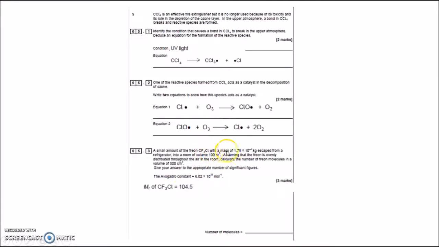I've got the MR of this. Now the mass of this is 1.78 times 10 to the minus 4 kilograms. There's 1,000 grams in a kilogram, so to convert kilograms into grams, I multiply by 1,000. That's my next step. 1.78 times 10 to the minus 4 times 1,000, 10 to the power 3, that's the number of grams.